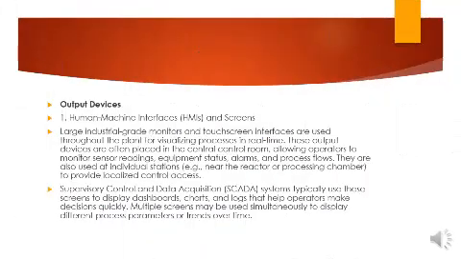So we have devices such as human machine interfaces and screens. The large industrial grade monitors and touchscreen interfaces are used throughout the plant for visualizing the processes in real time. These output devices and screens will display all the essential parameters from the sensors, and this helps the control room detect and know how to maximize the use of all the current devices within the plant itself.